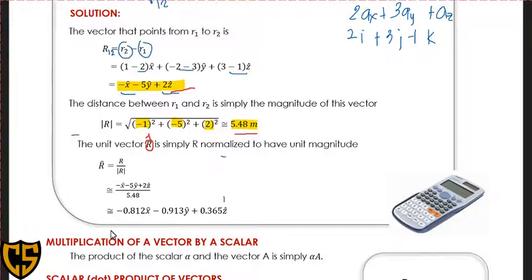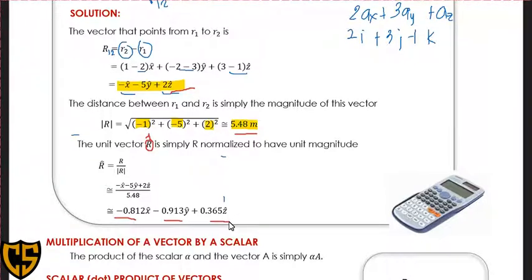Using a calculator, our answer will be negative 0.812x minus 0.913y plus 0.365z.